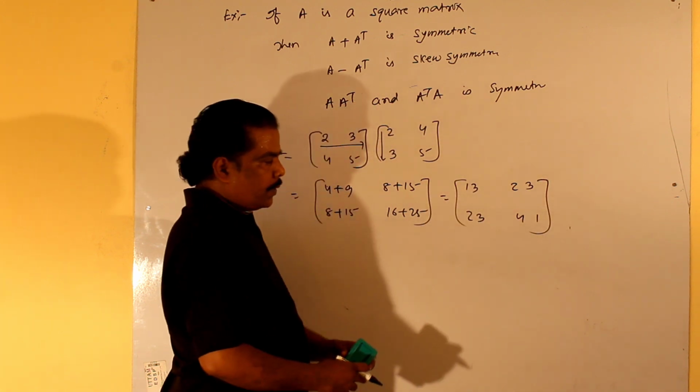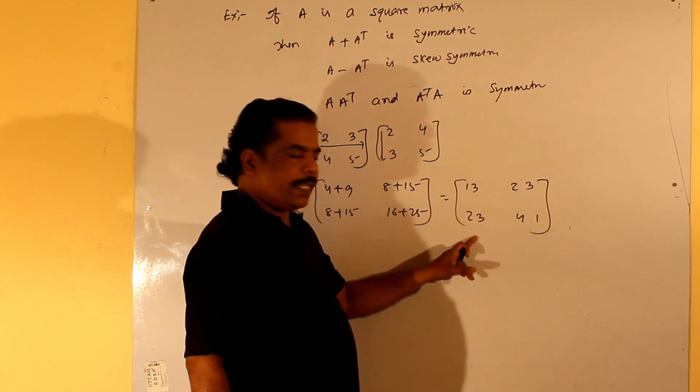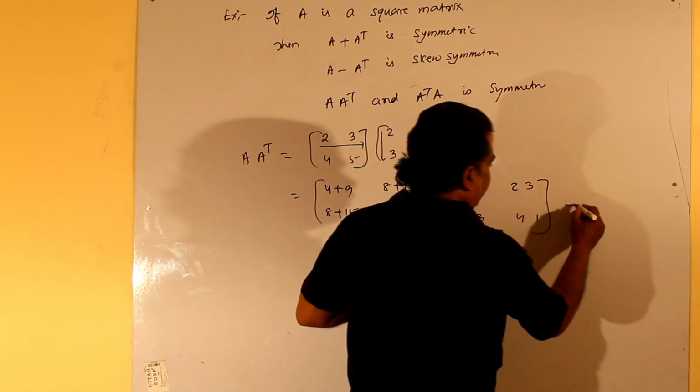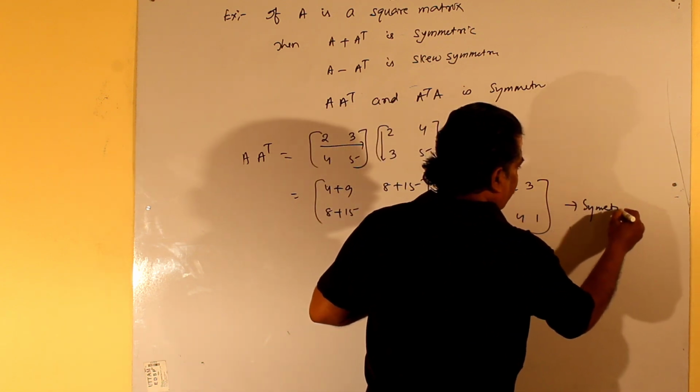Now you observe Aij is equal to Aji, A12 is equal to A21. So it is a symmetric matrix.